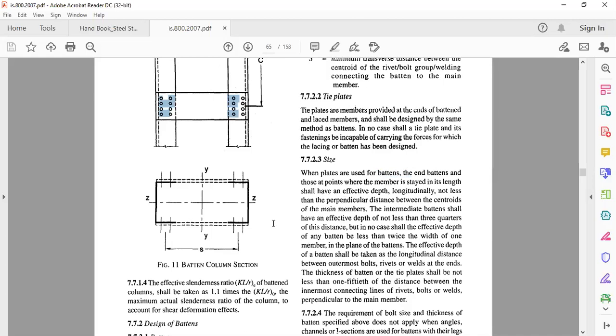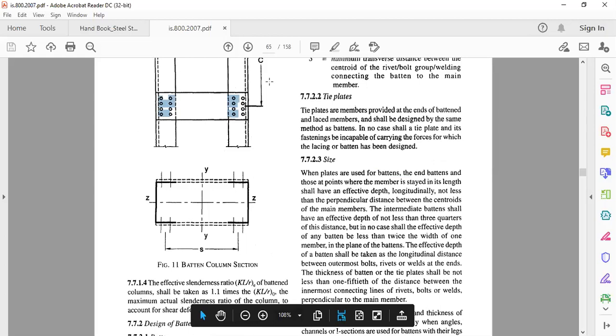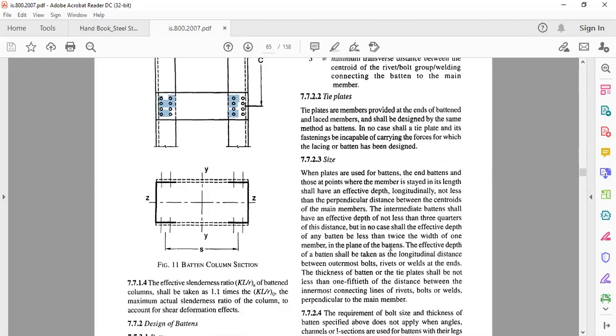The intermediate batten shall have an effective depth of not less than 3/4 of this distance. So the distance from here to here is C, and with respect to C, they expect 3/4 of C. In no case shall the effective depth of any batten be less than twice the width of any one member, so 2 times B.